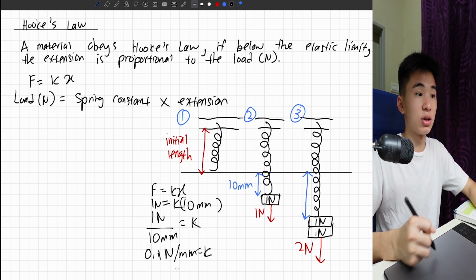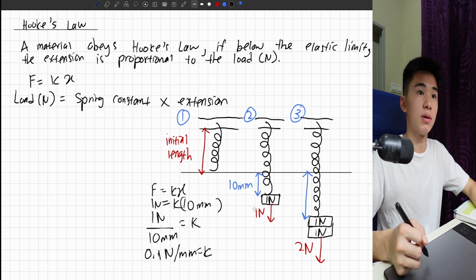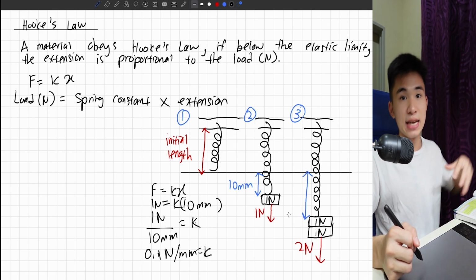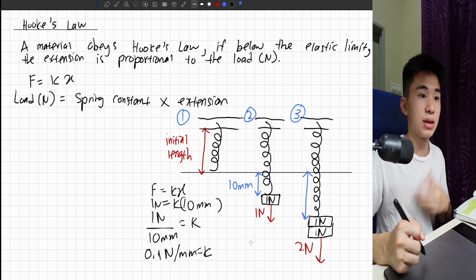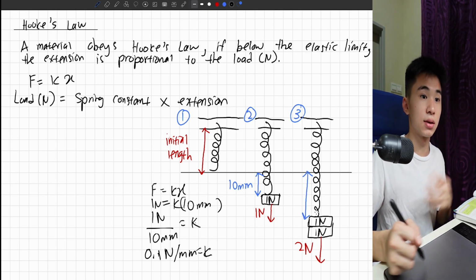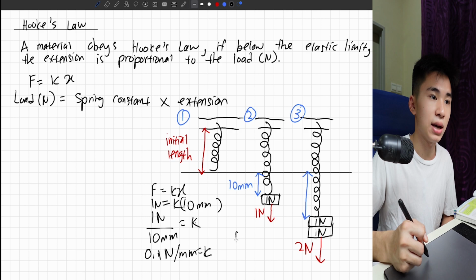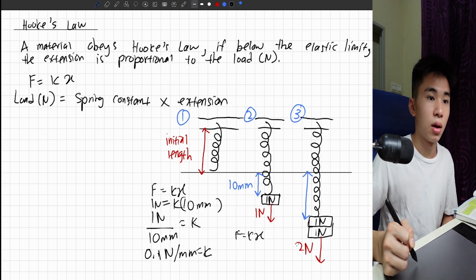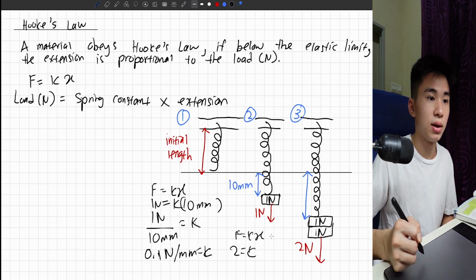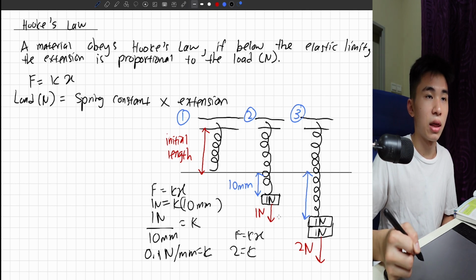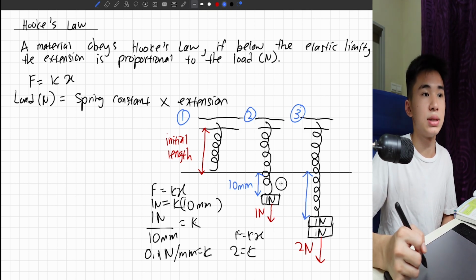It is the gradient of the spring. So as I said just now, it is the same spring, which has the same constant. And again, F equals kx. The force here is 2, k is the constant, and the x here will be 20 mm.